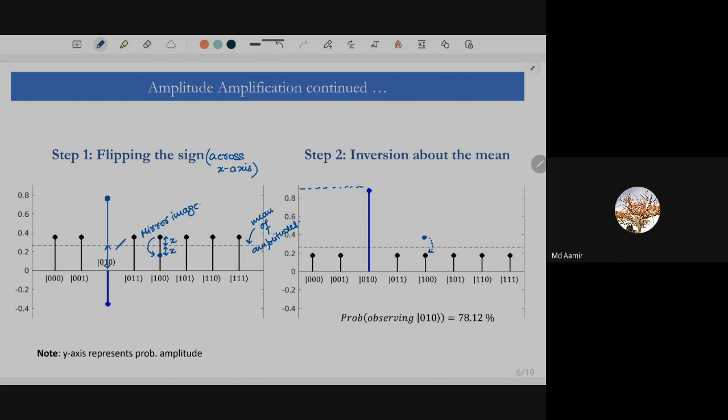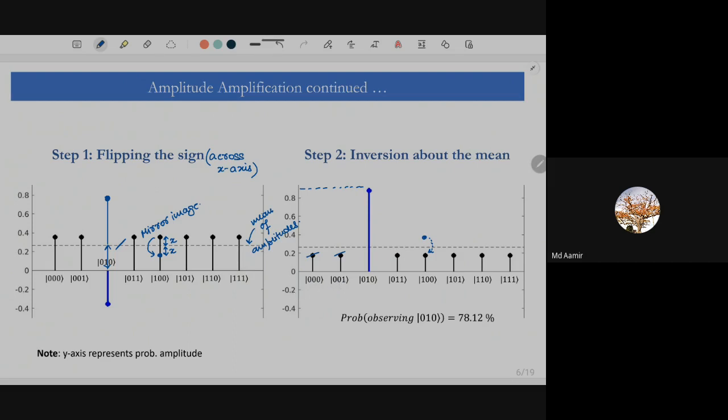It's good compared to the other sticks here. This one may have, let's say, 0.04, so about 4%. It's almost insignificant compared to 78.12. But the 4% says that we can sometimes get 000 or 001 also, or any other element.